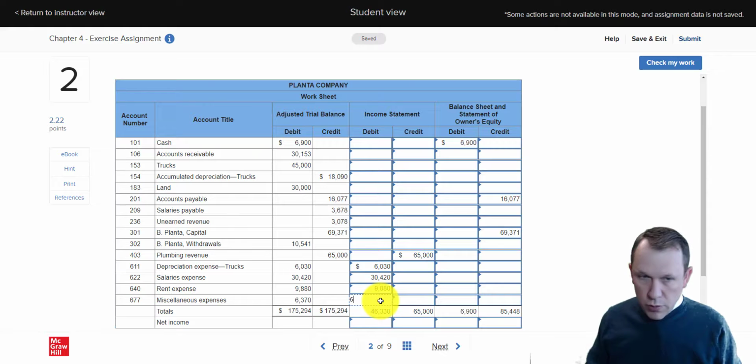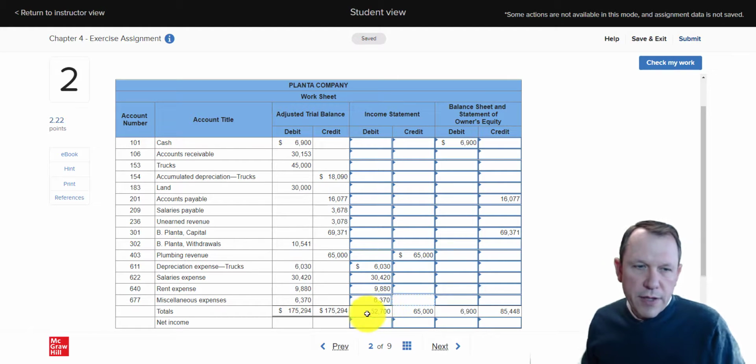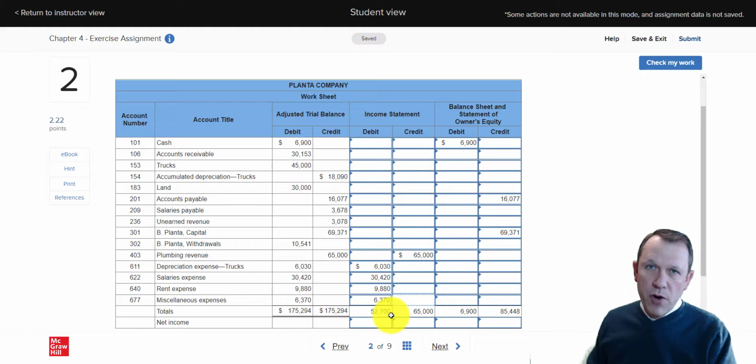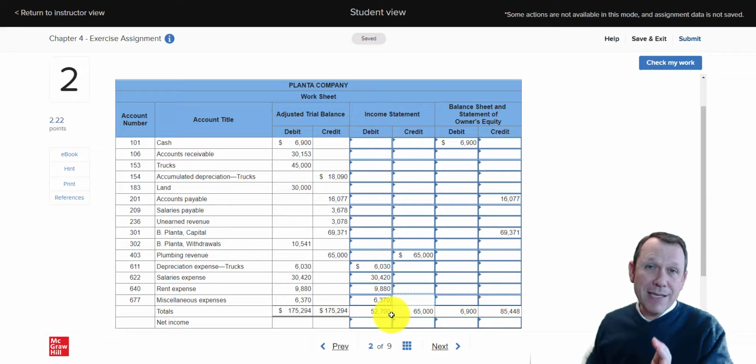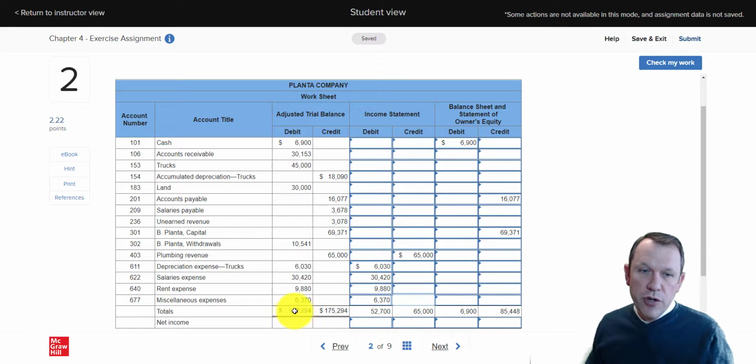What we're going to do once we get all these expenses lined out is look down at the totals at the bottom of our debits and credits. The goal with this worksheet is every matching debit and credit column has to balance. So we see that the adjusted trial balance does balance, that's great, but our income statement debit and credit don't balance.